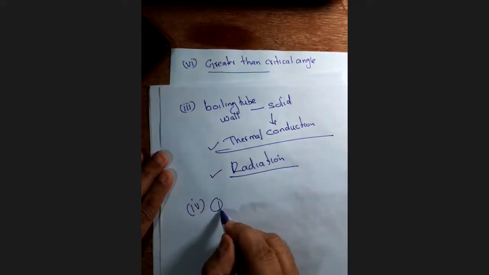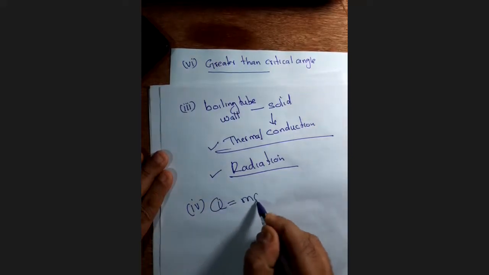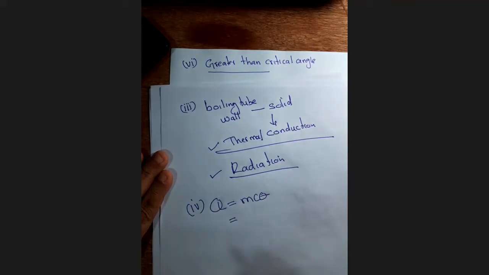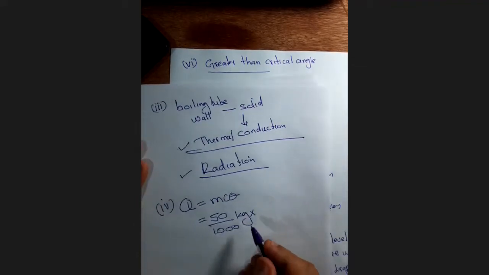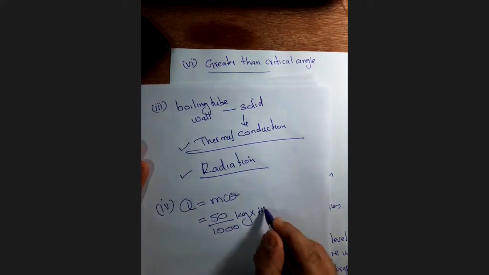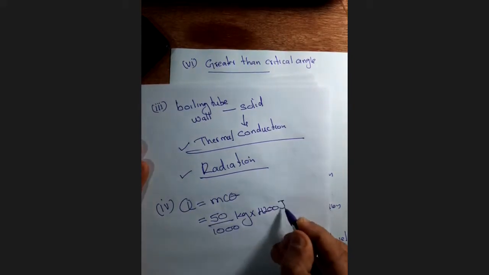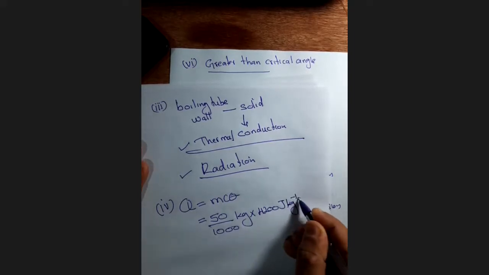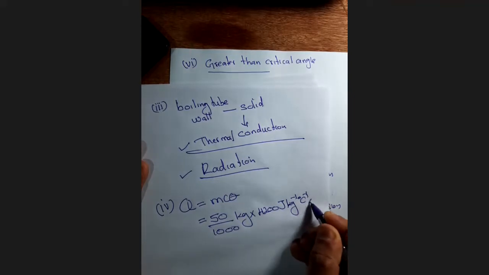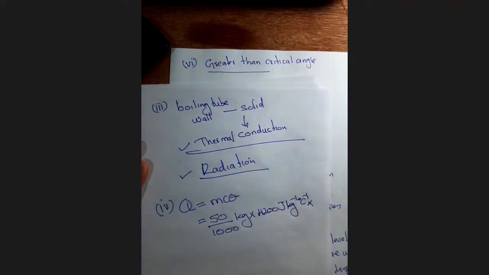So you can apply the formula Q = mcθ. 50 over 1,000 kilogram into C, which is 4,200 joule per kilogram per degree Celsius, into 10 degrees Celsius. They have given degree Celsius, so we are using degree Celsius.